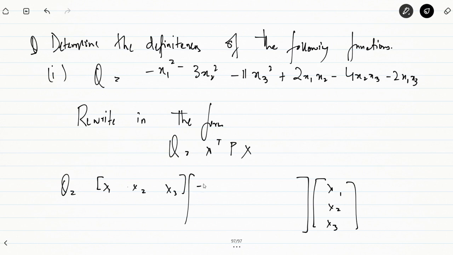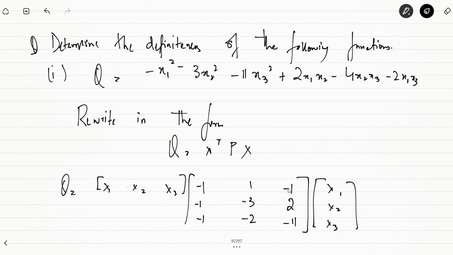So you have various methods of finding out this matrix. On inspection, we see that for this particular case, P matrix will be equal to this particular matrix. Fine. Now we can actually check the definiteness of P matrix, and from the definiteness of P matrix we'll be able to define the definiteness of the Q matrix.